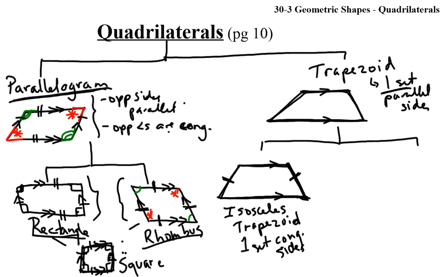Just like an isosceles triangle has a set of congruent sides, an isosceles trapezoid also has a set of congruent sides. But what's important is when you have an isosceles with a set of congruent sides, you have 2 pairs of congruent angles as well.